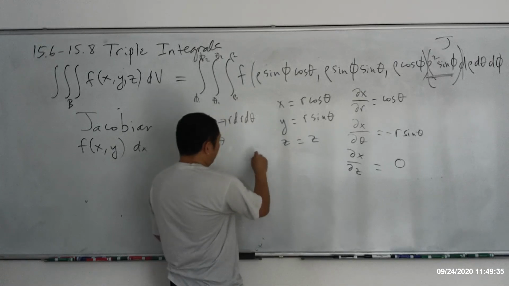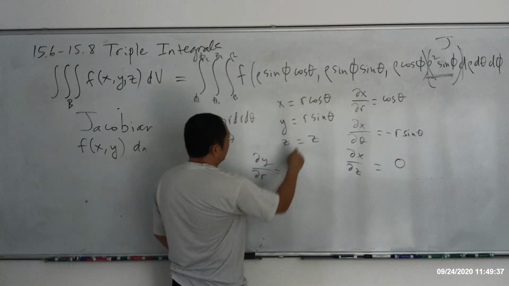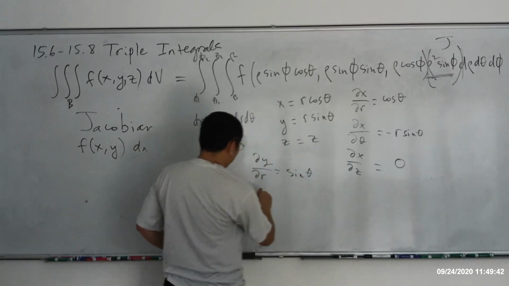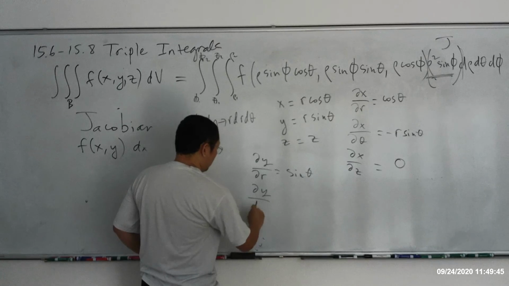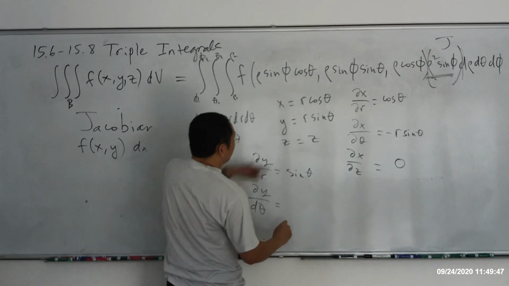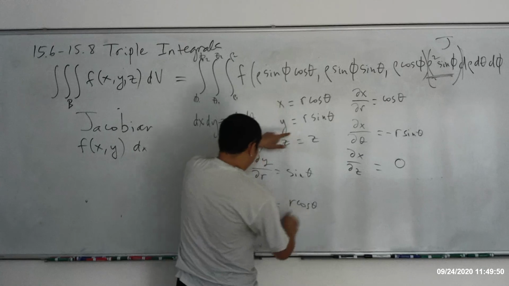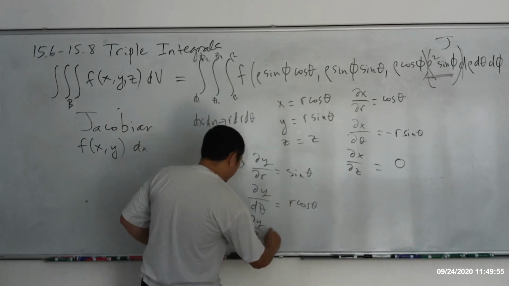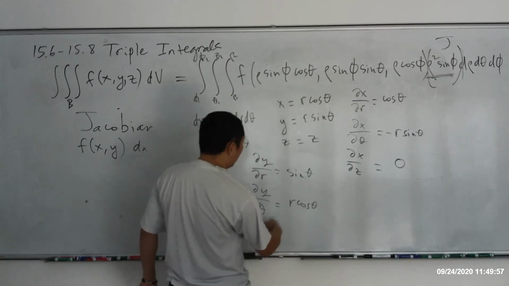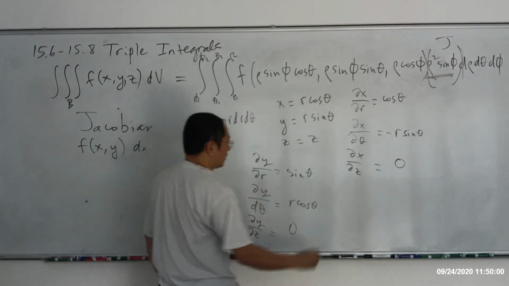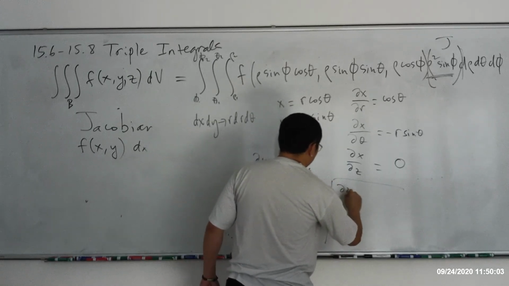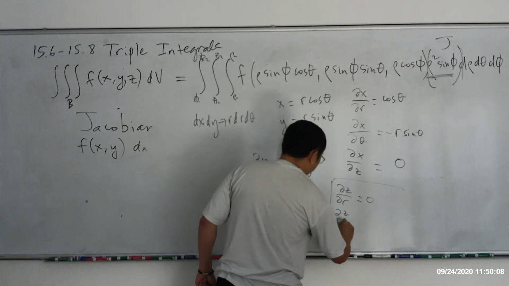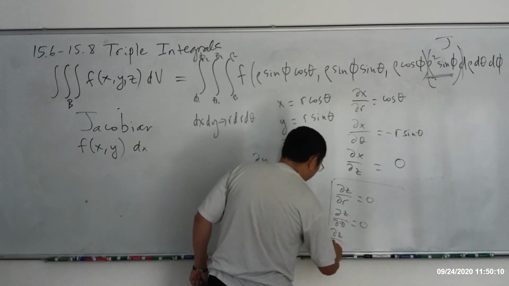Similarly, dy over dr is sine theta, dy over d theta is r cosine theta, and dy over dz is 0. For z, dz over dr is 0, dz over d theta is 0, and dz over dz is 1.